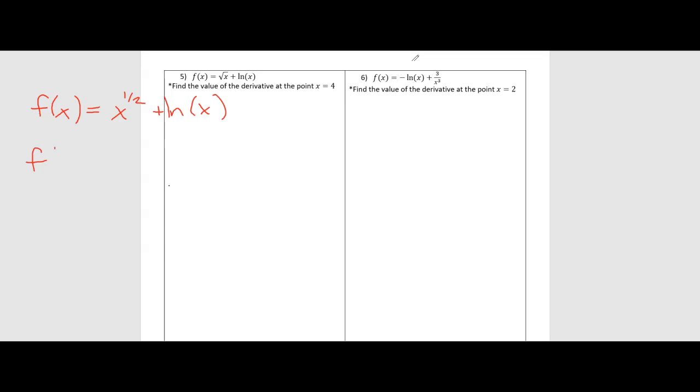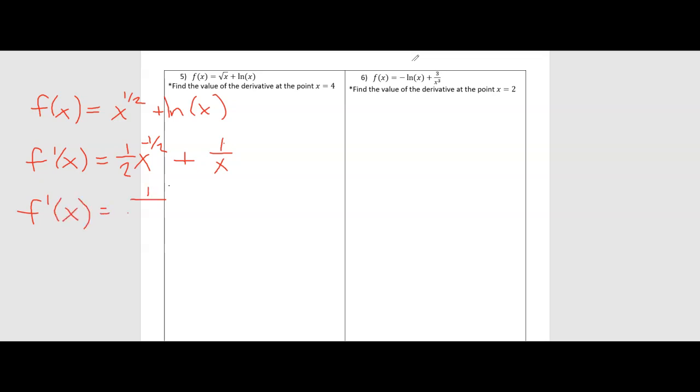So this is going to be x to the power of 1/2 plus the natural log of x. Now if I take the derivative, power rule should jump out at you. Multiply the exponent by the coefficient, so 1/2 x, and then subtract 1 from the exponent, so x to the negative 1/2 power. Derivative of natural log, we saw from up above, is just 1 over x. All right, I am going to rewrite this. I'll first rewrite it using exponents, and then we'll go back to radicals. I'll make it easier.